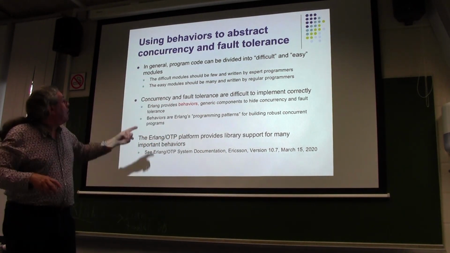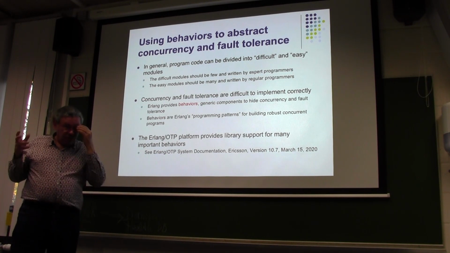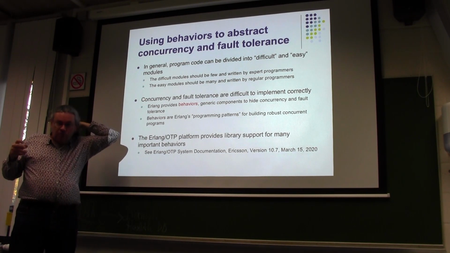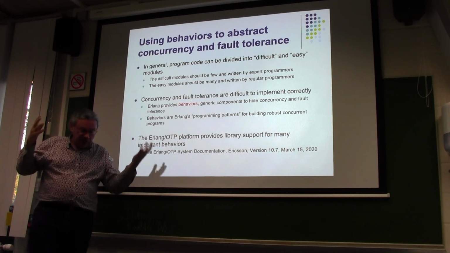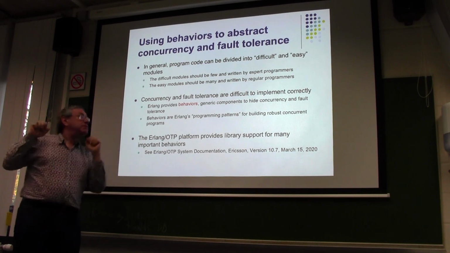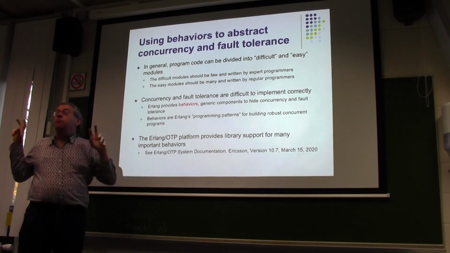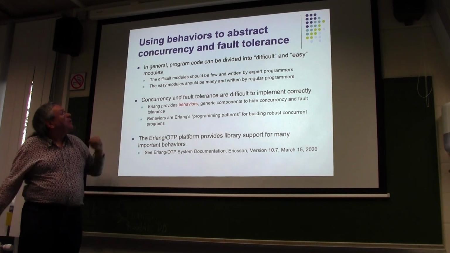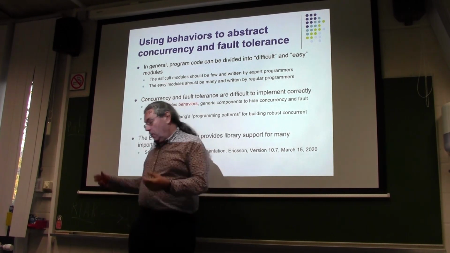And then there's the easy part, which is the functionality of the server. Maybe the server will just be doing a database query. Maybe I'm just ordering something from Amazon. It's just business logic. So that's kind of the easy part. I know that that part is not so hard. So that one can be written by regular programmers.